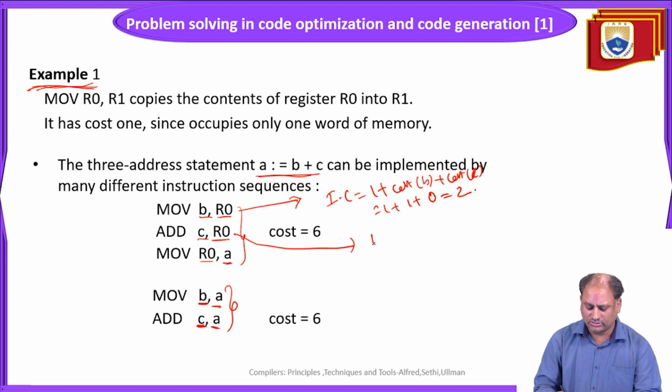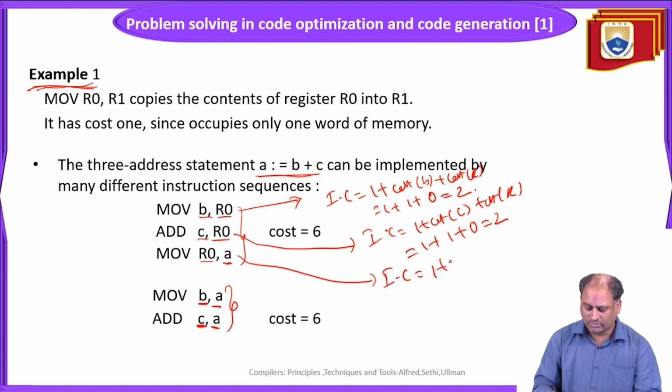Similarly for this one also, instruction cost equals 1 plus the cost associated with C plus the cost of the register, so 1 plus 1 plus 0, that is 2. In this case, instruction cost equals 1 plus the cost associated with the register plus the cost associated with A. Here 1 plus 0 plus 1, that is 2. So we are getting 2 plus 2 plus 2, that is equal to 6.